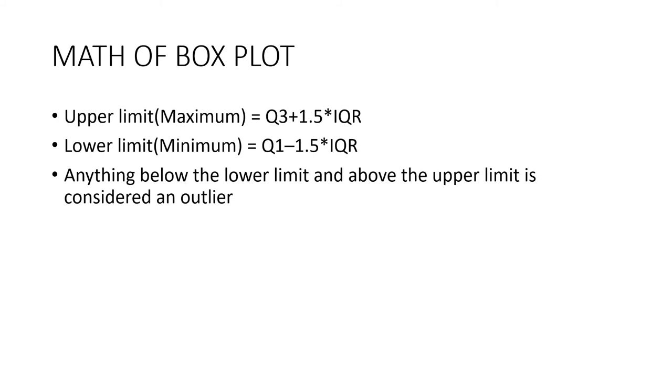Upper limit is equal to Q3 plus 1.5 into IQR, the interquartile range. Lower limit, that is the minimum, is equal to Q1 minus 1.5 into IQR. Anything below the lower limit and above the upper limit is considered an outlier.